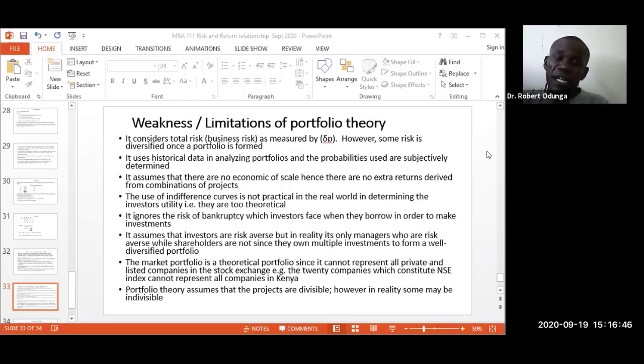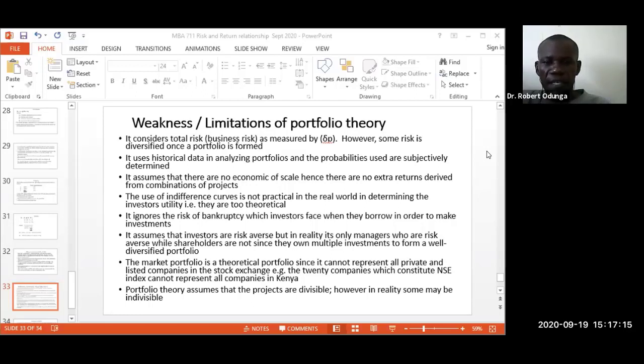So you realize that the actual returns may differ from the expected returns, and therefore there is need to compute the deviations, which are actually represented by the risk that we can allocate to a particular investment or project.